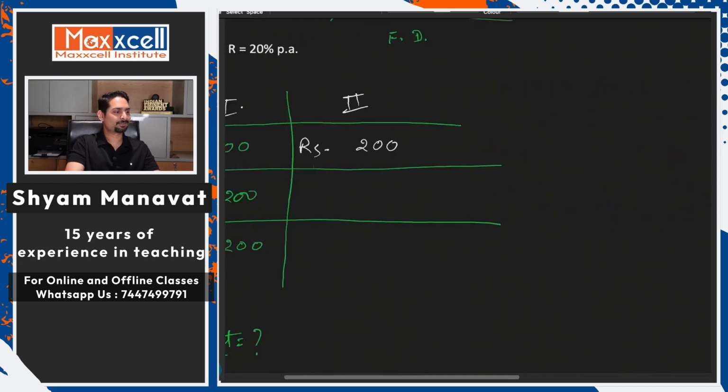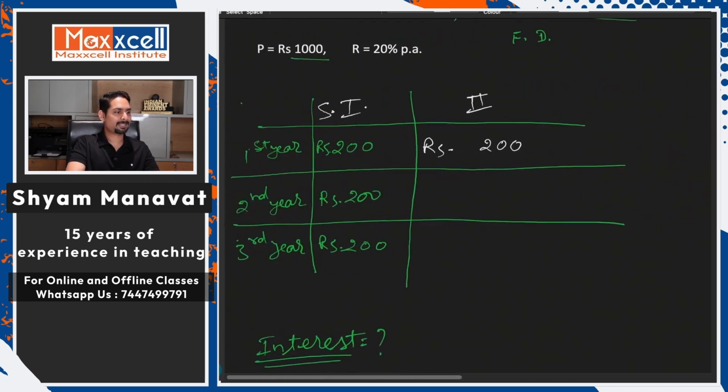So second year, in second case, the interest which is generated is 240. Why? Because I am not withdrawing that 200 rupees which is generated. I hope you are paying attention, and if you are, you will find this interesting.